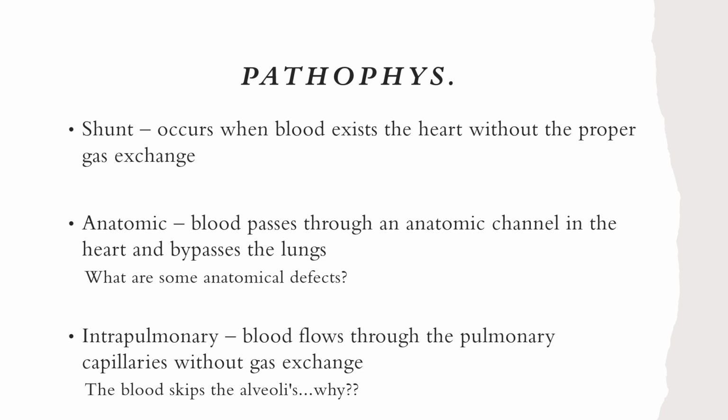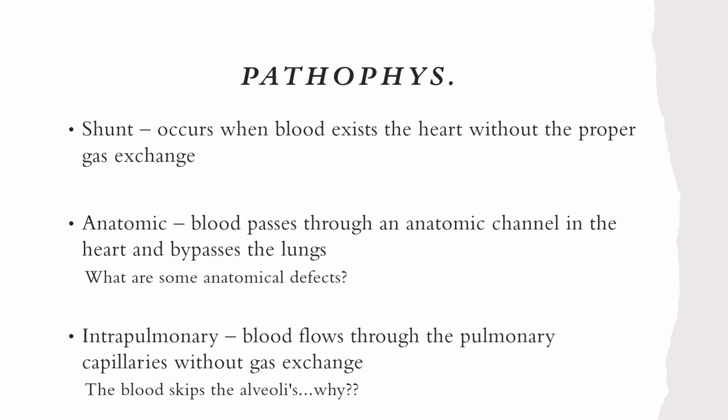Then we have anatomic. Anatomic is, like it states, more of an anatomical problem. The blood is passing through an anatomic channel in the heart, and it bypasses the lungs. So it doesn't even get to the lungs, it bypasses them. A good example of an anatomical defect would be a ventricular septal defect. And we can see this a lot in infants or peds.